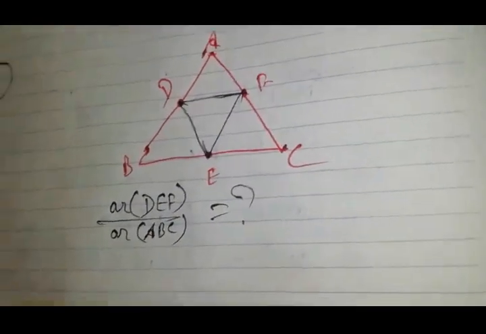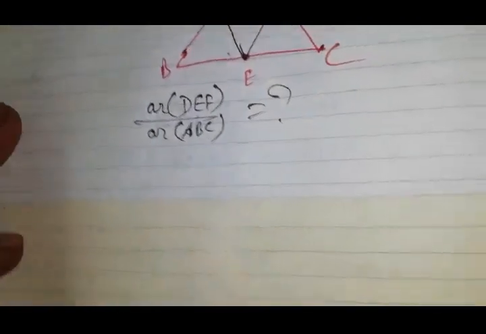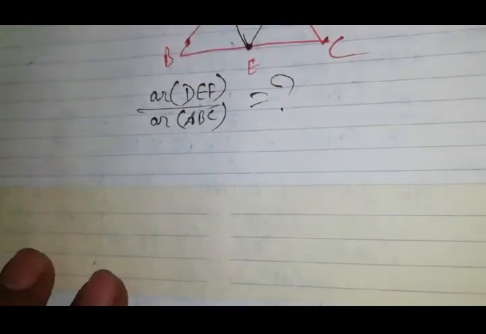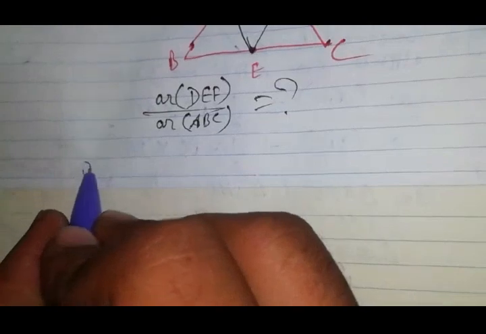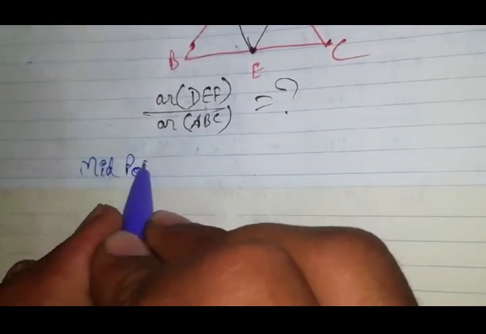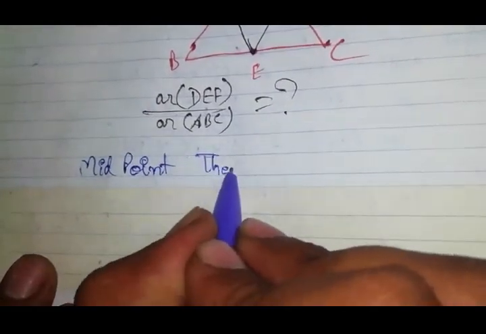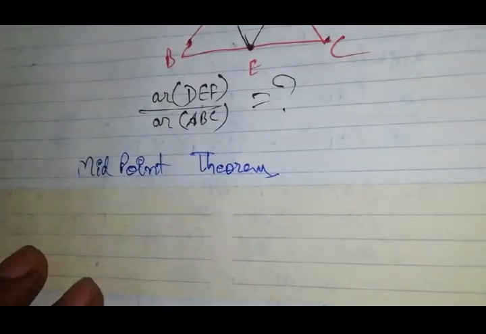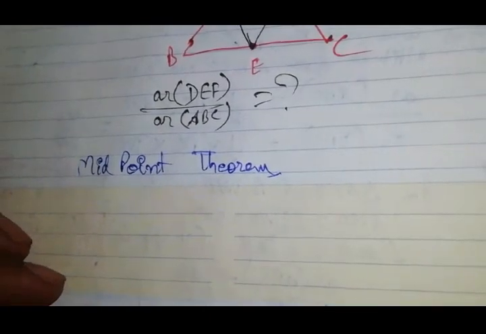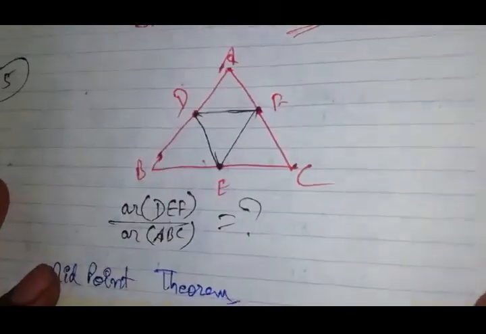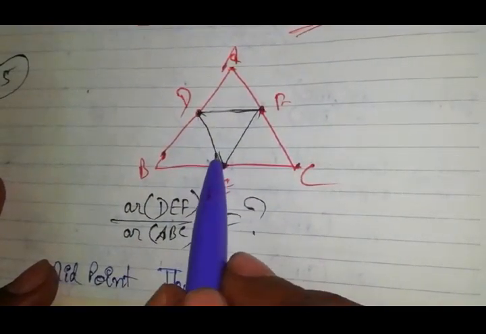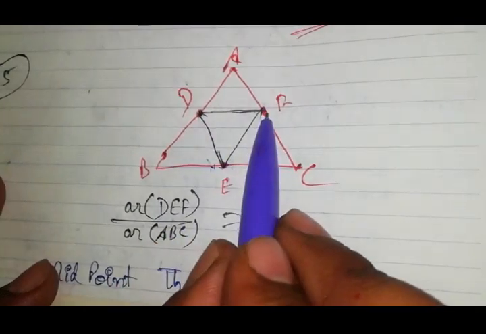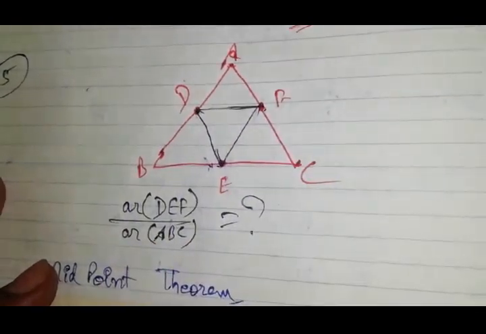Now look, we have a theorem here. In your previous class, in class 9th, you have learnt about the midpoint theorem. This states that if a line joins the midpoints of two sides of a triangle, then that line is parallel to the third side and also half of the third side.